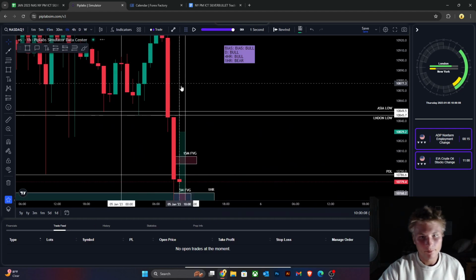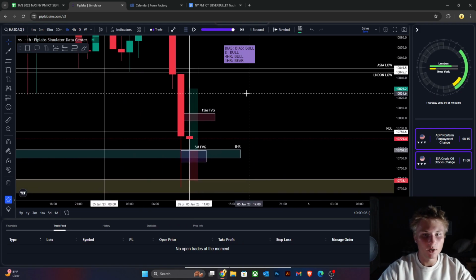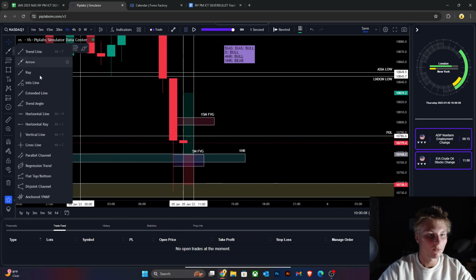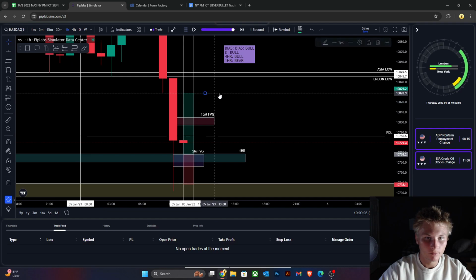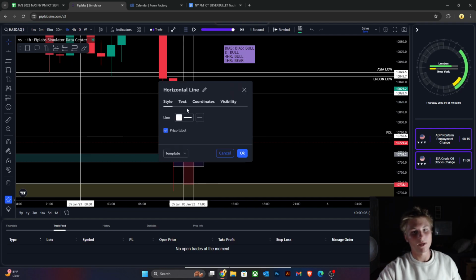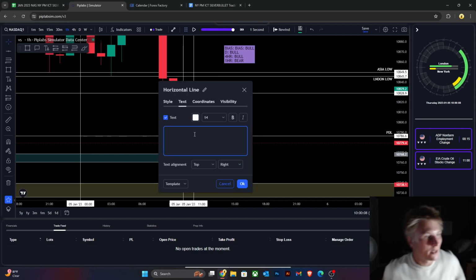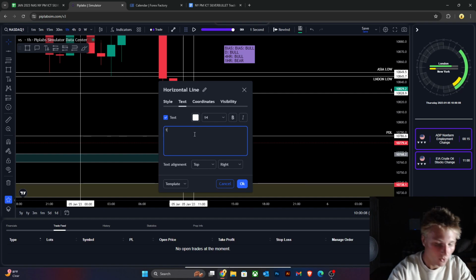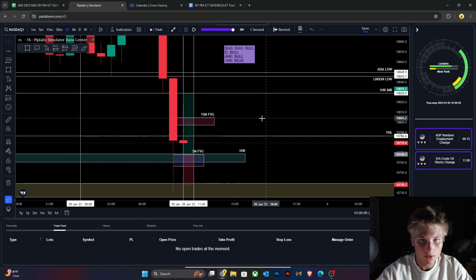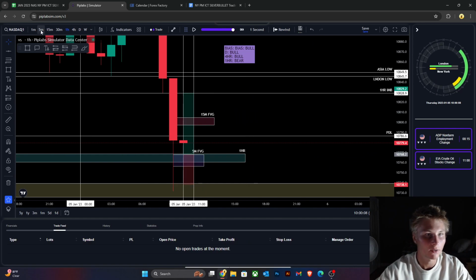But yeah, on the 1-hour here, we do have this nice 1-hour imbalance I'm looking at also. And I am taking my time with this analysis because I'm treating this as if it's the live market, and this is what I would be realistically doing in the live market. So yeah, 1-hour imbalance up here.